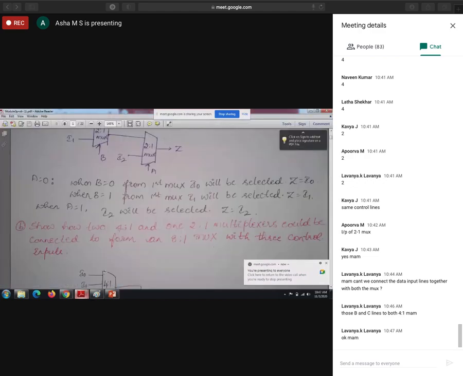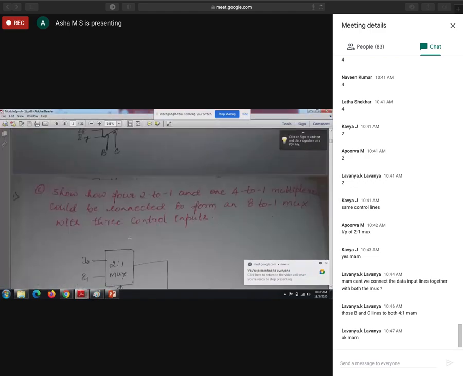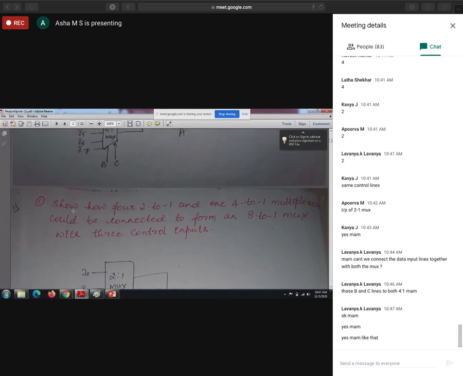Take the next question. Show how 4 2 to 1 and 1 4 to 1 multiplexers could be connected to form an 8 to 1 mux with three control inputs.